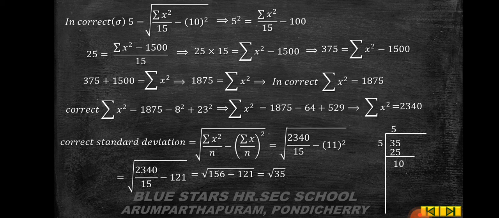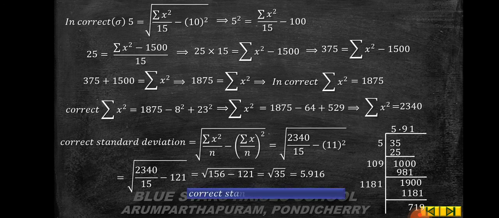The remainder is 10. So 5 2s are 10. Put the decimal, add 2 zeros. So 109 into 9, you get 981. So 59 into 2 is 118. So 1181 into 1. So sigma is 5.91. So the correct standard deviation is 5.916.